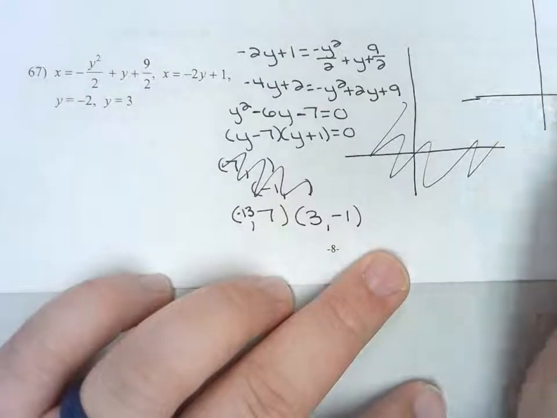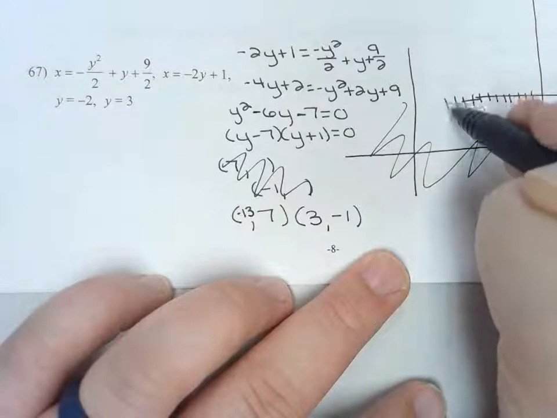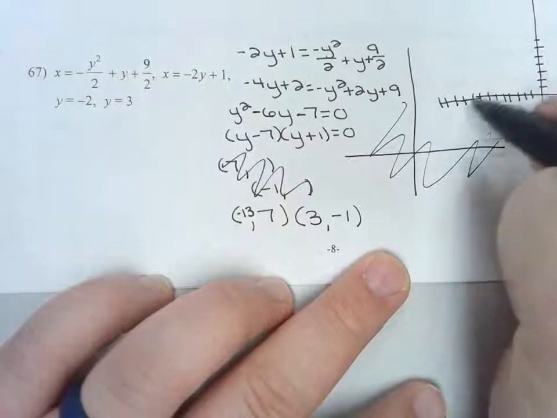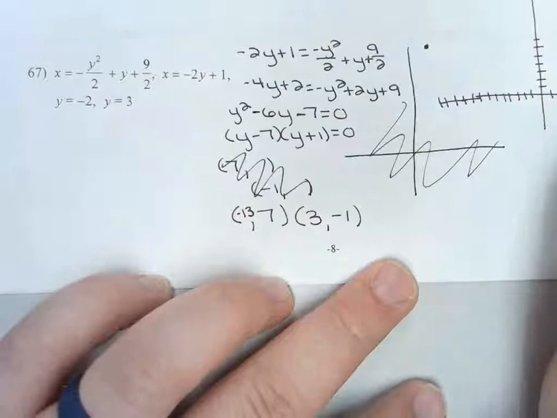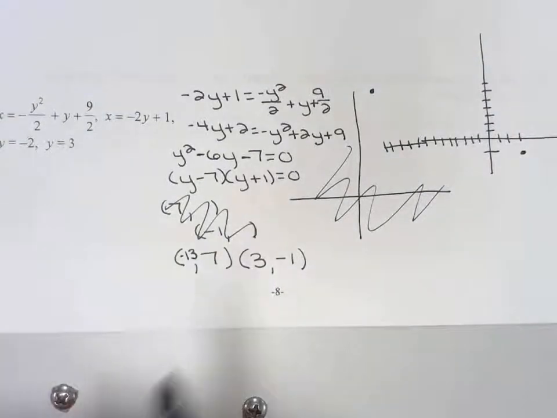Negative 13, 8, 9, 10, 11, 12, 13, 7, 1, 2, 3, 4, 5, 6, 7. Somewhere up here, 3, negative 1. Something like that is where they're going to intersect.